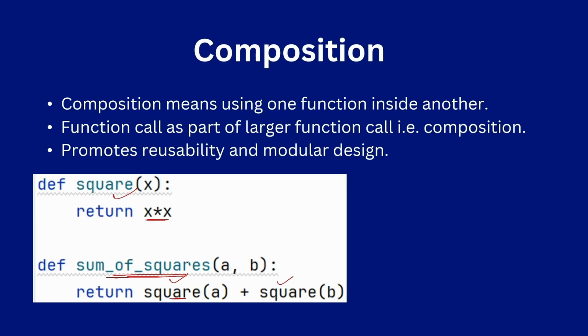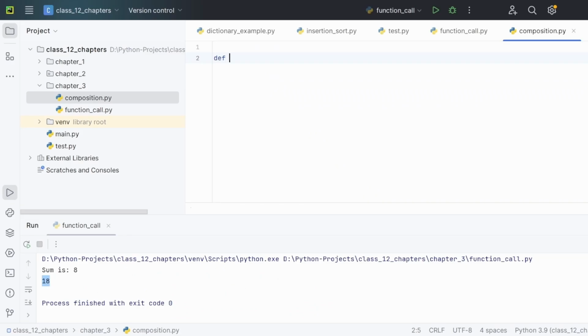Okay, I'll just show you on PyCharm. So I have a function square, and let me pass the value x here, and we'll be returning x into x. Then I'll create another function, let's say sum of squares, and here I'll pass the values a and b.